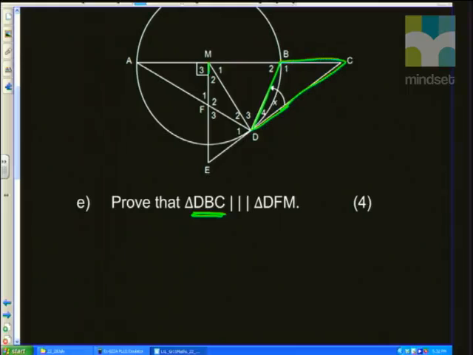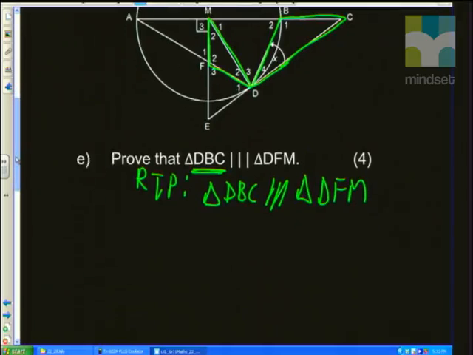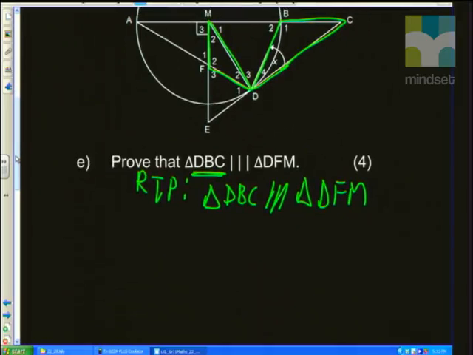So there is DFM. Right? So this is what we are required to prove: that triangle DBC is similar to triangle DFM. If we can get at least two angles that are equal in two triangles, then we can conclude that those two triangles are similar. Okay? Right.